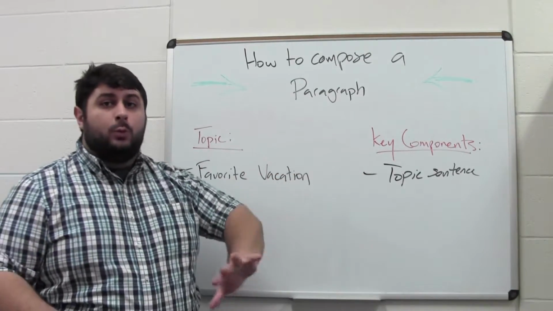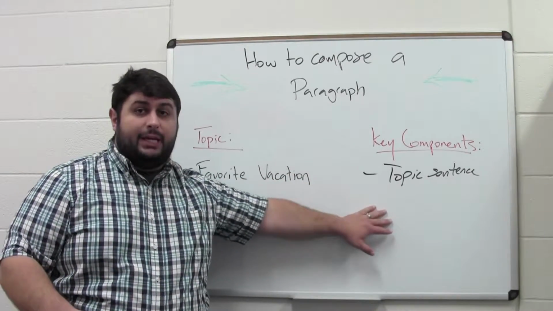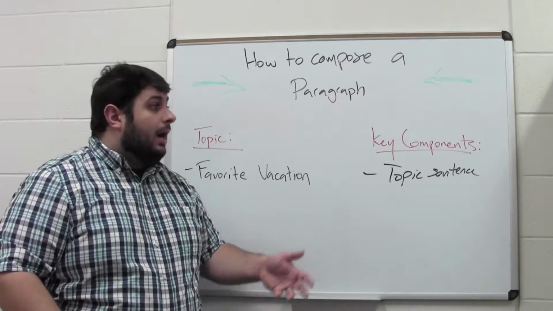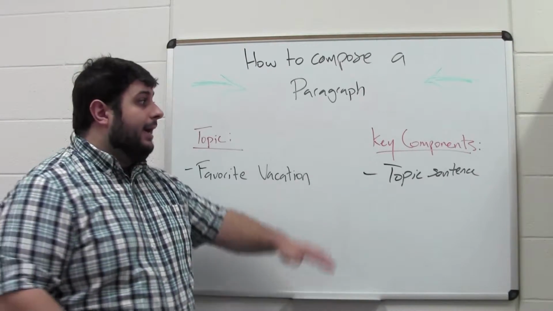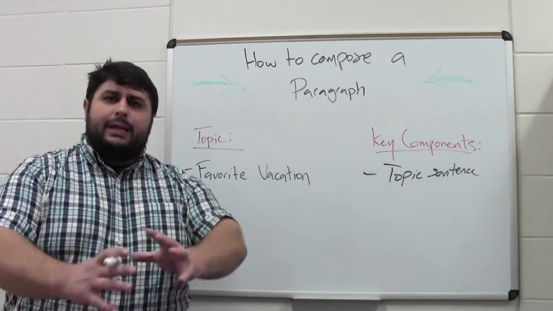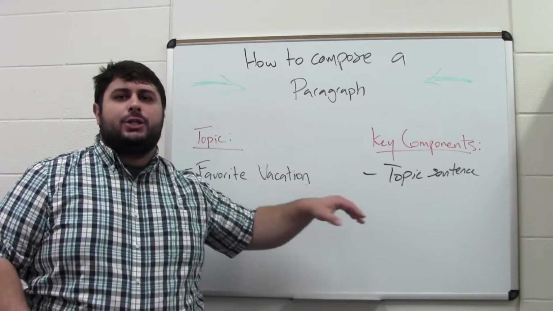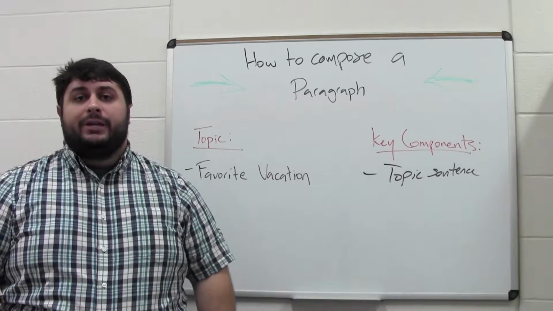So I probably wouldn't use Waikiki Beach is my favorite vacation. Why? Because it's going to take a lot more than 5 to 7 sentences to really prove that, okay? So instead, I might narrow it a little more, and I'll say Waikiki Beach is the most tranquil place I've ever been, okay, or something like that.